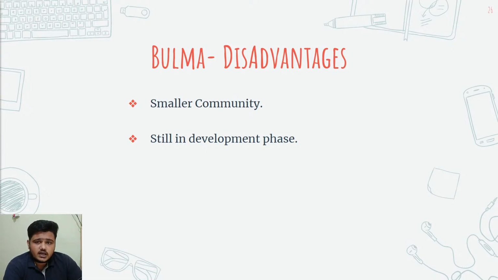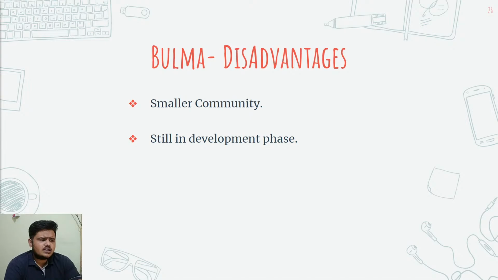If you go ahead and interact with the community, you will feel that you can work with the community very easily. Moving forward, the second thing is that Bulma is still in a development phase. It has not yet been saturated, so developers are still working on this framework.